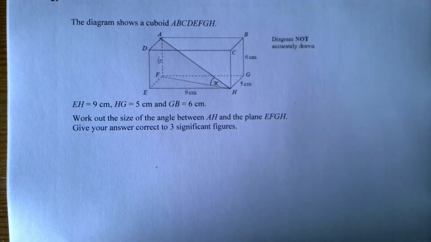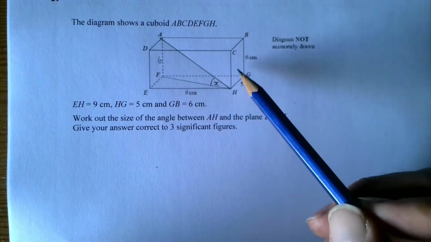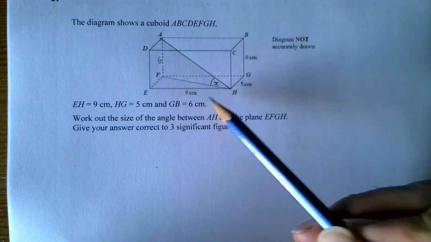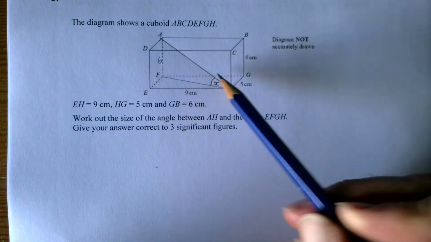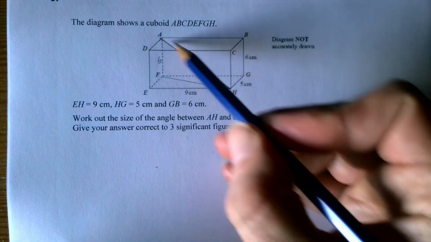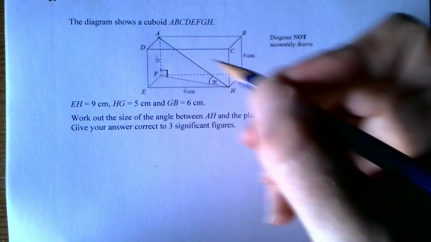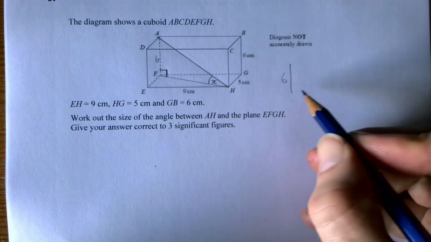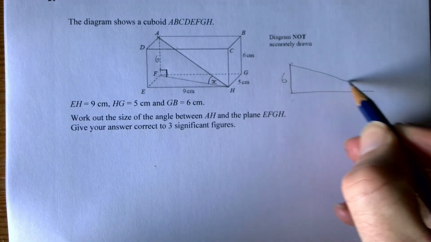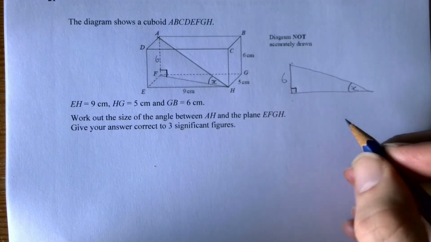So it's always a good idea to work out the bits that you can, maybe drawing little right angled triangles out to one side. We need to know that is a right angle. So we've got 6 centimeters, we've got our x being there, we've got our right angle.